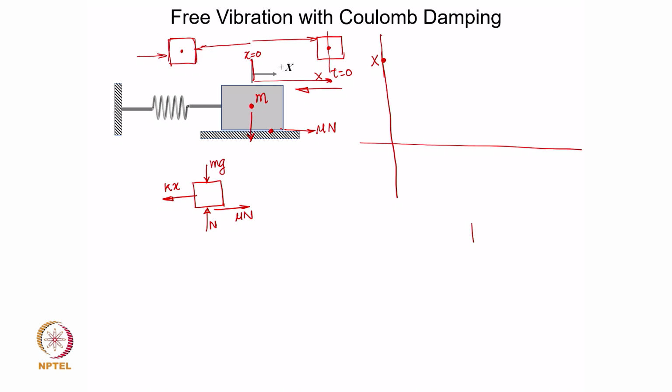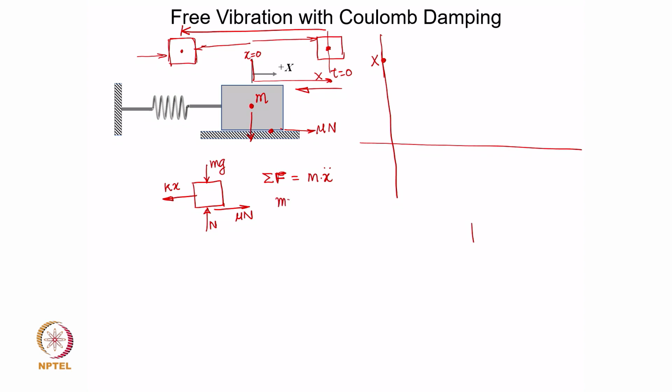Okay. So, now if we apply Newton's second law for this motion from the rightmost extreme point to the leftmost extreme point in the first cycle, sigma F is mass times the acceleration, and the acceleration is assumed positive in the rightward direction.